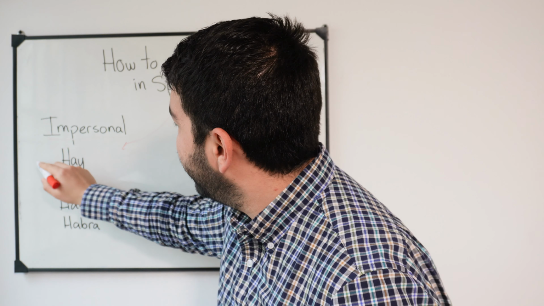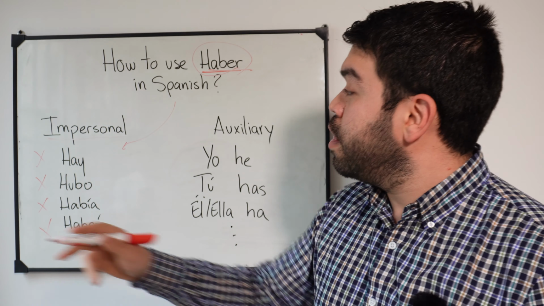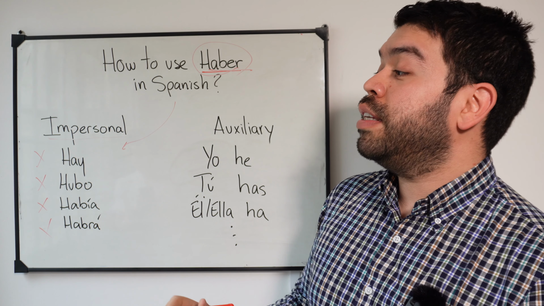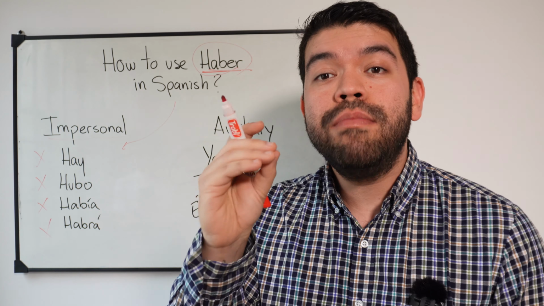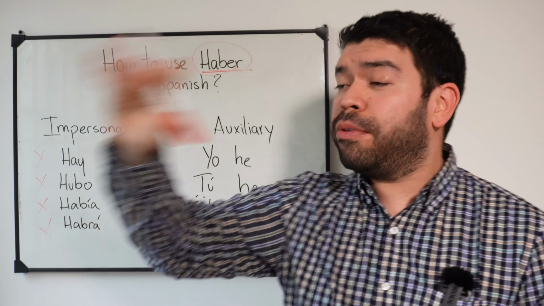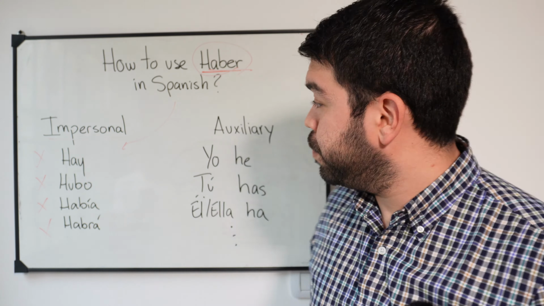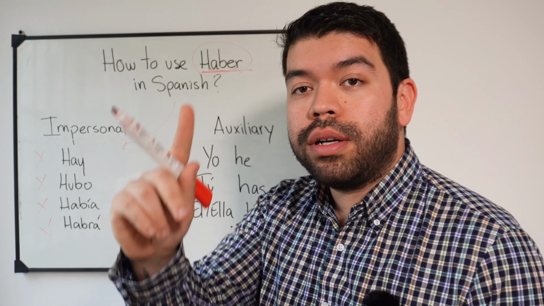You see, here we don't have pronouns. Think something like there's a lot of people on the street, right? Hay mucha gente en la calle. We're not talking about the people, we're not talking about the street, we're talking about existence, right? Think about that.